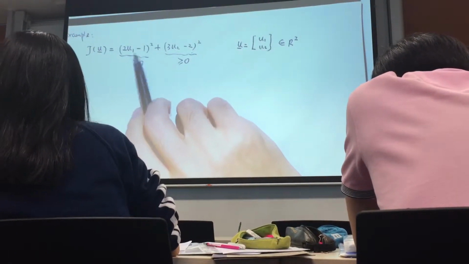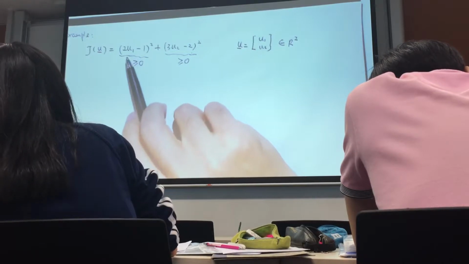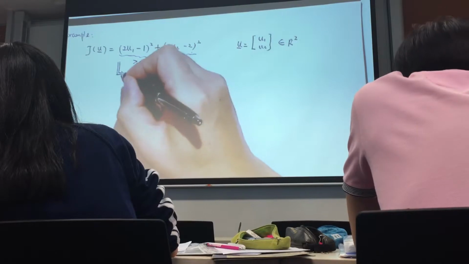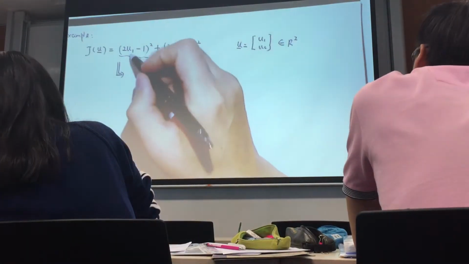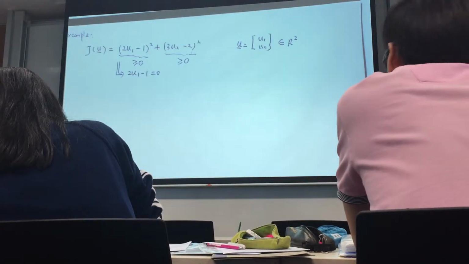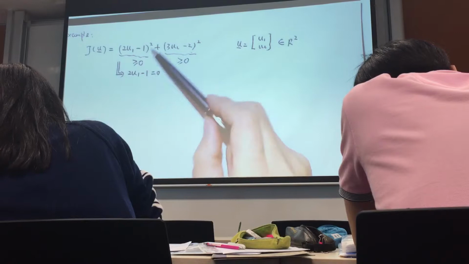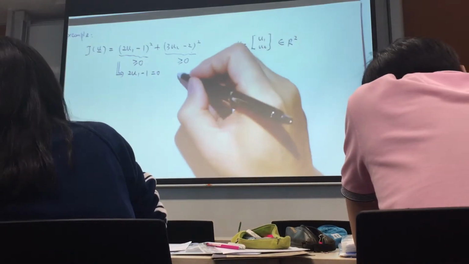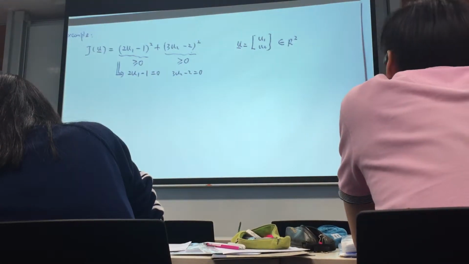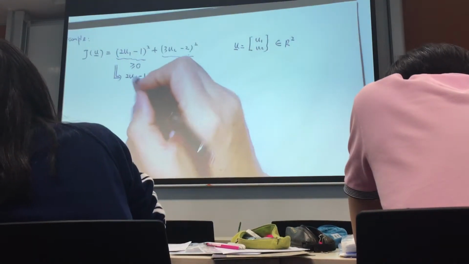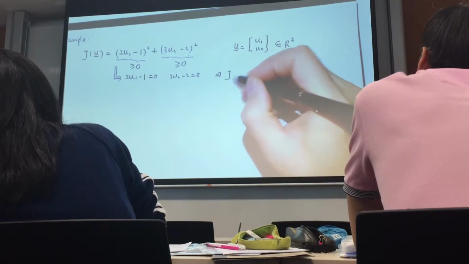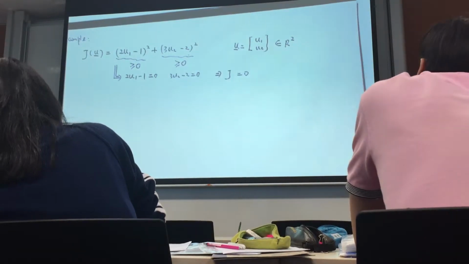The minimizing point is achieved when this one equals 0. If this one equals 0, this one equals 0, and also u2 equals 0, so we know this gives us J equal to 0.